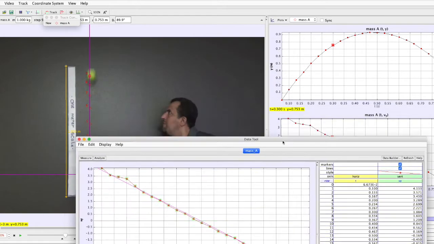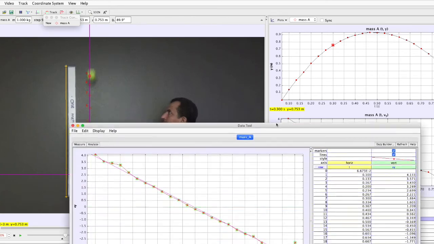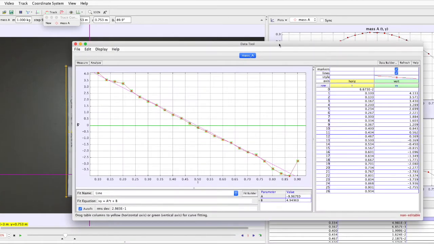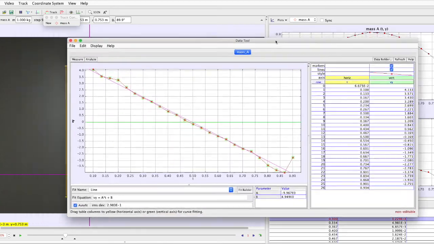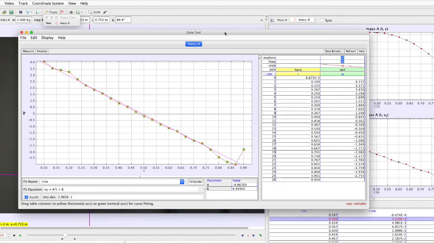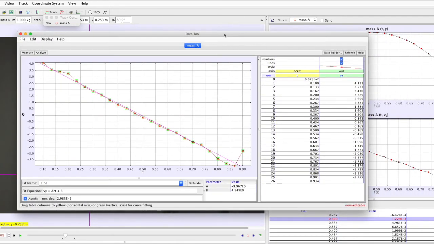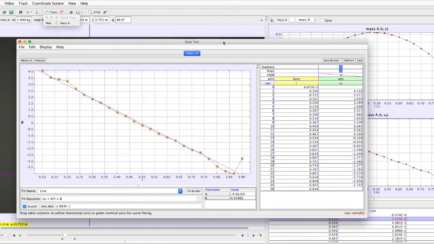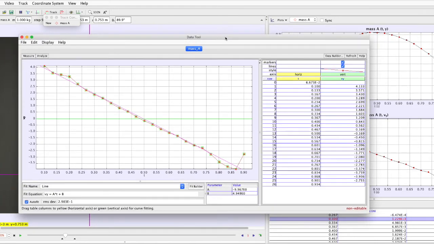And what I will do right now, guys, I will try to change the coordinate system. I will try to rotate the coordinate system, and we will see what will happen. So what does that mean?